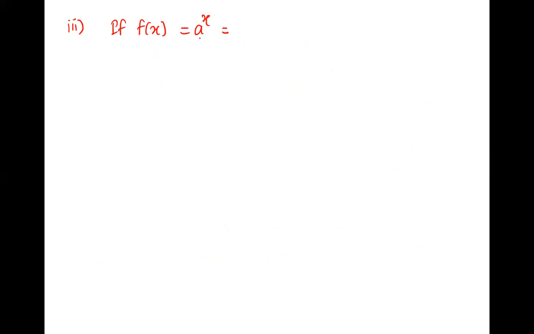A is at the base, and how can it be written in terms of E? Anyone knows? This A can be written as E raised to log A. E raised to log, these two terms get cancelled and that A comes down to the base.